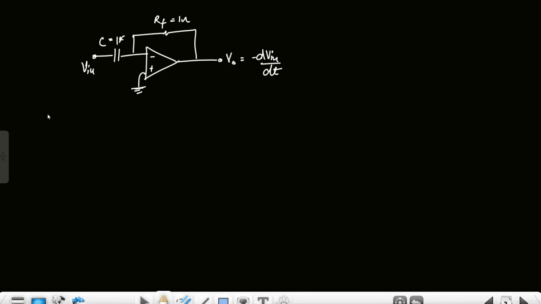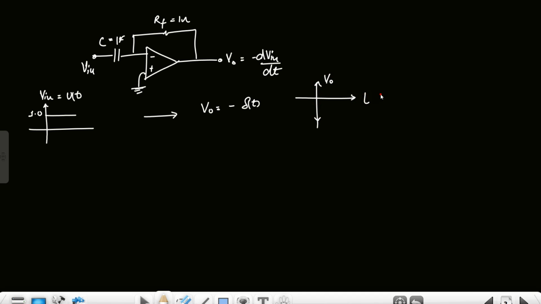So if the input is a unit step input, so this is the input unit step, the output will be simply a negative impulse at origin. So this will be the output for this input.